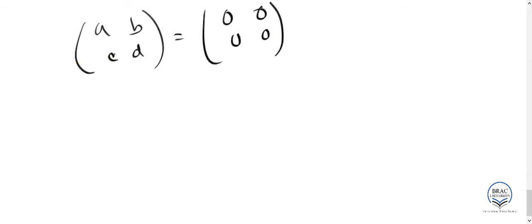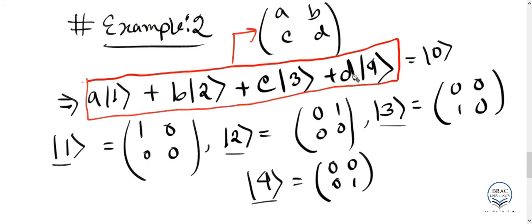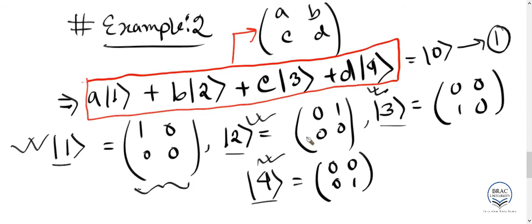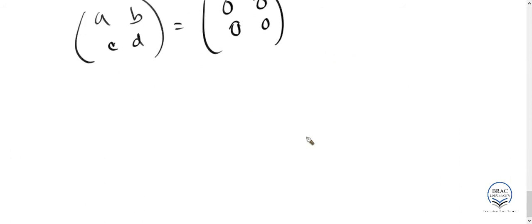So if we assume that this relationship, let's call this equation 1, is true, then the only way this is true is that A, B, C and D all have to be 0. So these objects 1, 2, 3 and 4 are linearly independent.